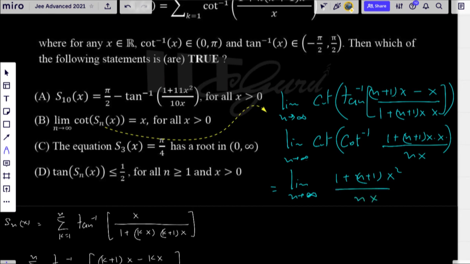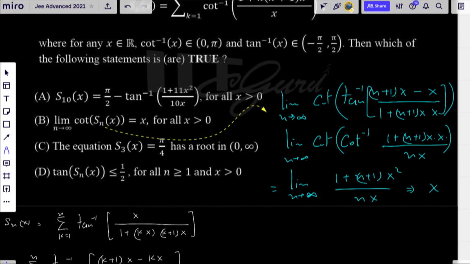We are left with this, so this implies x. Clear? So what we think over here is Sn of x, that is tan inverse (n plus 1)x minus tan inverse x, that will be pi by 4. Okay, fine.